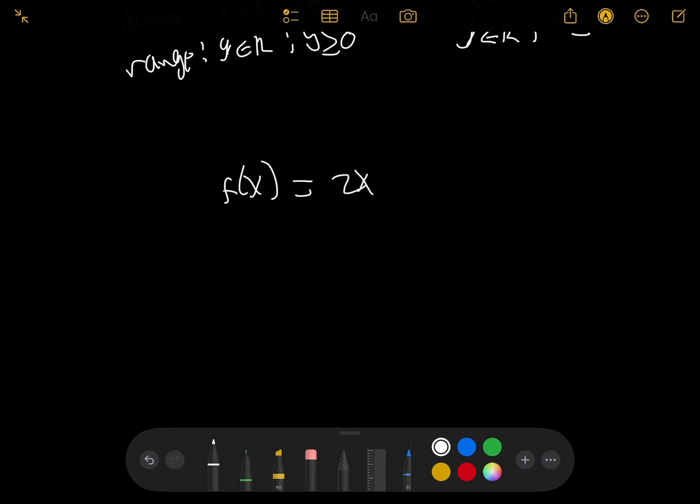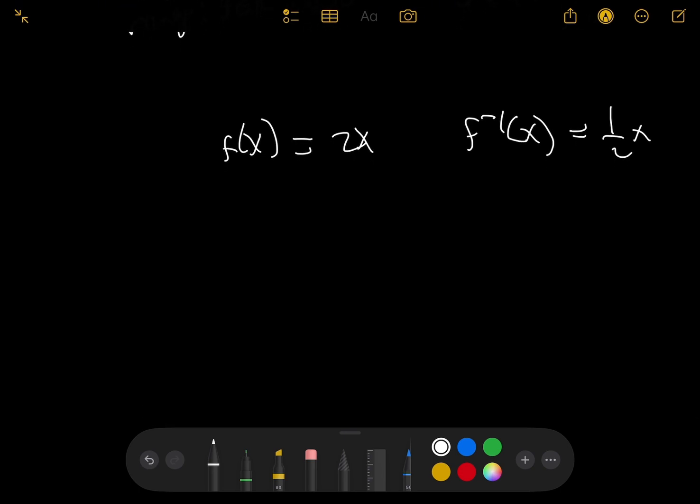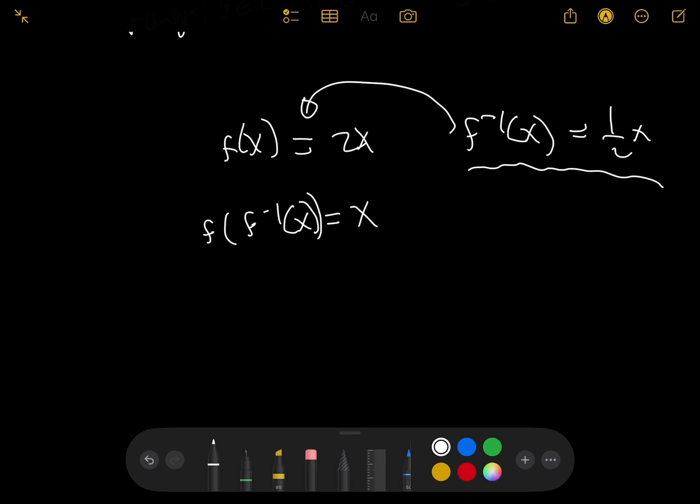How then do we know that half x is actually its inverse graph? We basically do f of the inverse. The x values are derived from the inverse graph, right? This has to give us x should it happen that this graph right here is the inverse of this graph.